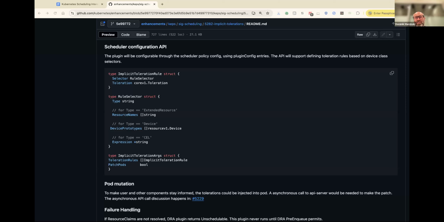I of course understand the problem, but it's not that we don't support something, because users can still put tolerations explicitly whenever admins use taints. That's an agreement between admins and users, so they should comply, and they shouldn't forget.